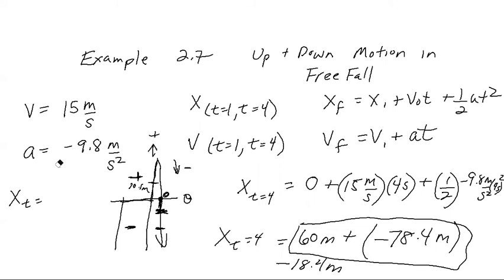Yeah, 10.1. So x at t = 1 is 10.1 meters, and x at t = 4 is going to be negative 18.4. So what's going to happen is after 4 seconds, your ball will have gone all the way up and already started to come back down and reach this spot here, which is 18.4 meters below its starting position. All right, so that's for our position.